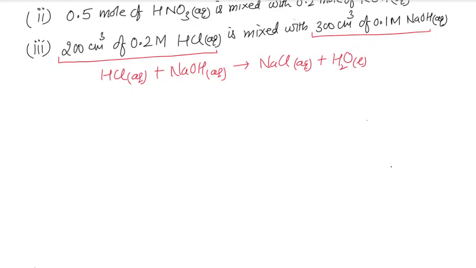You know HCl is a strong acid, sodium hydroxide is a strong base, both are strong. So they give the same number of H plus and OH negative ions.